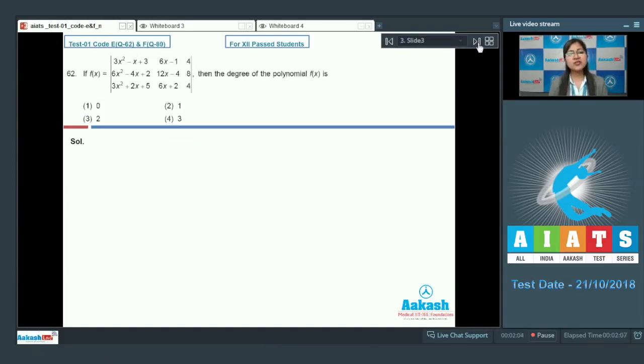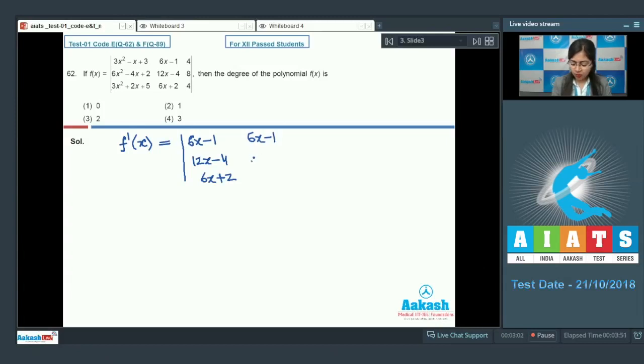Now next is question number 62, where a determinant is given to be equal to f(x), then the degree of the polynomial f(x) is. Here, to find the degree of the polynomial f(x), let us find the value of f dash x. To find f dash x, we will differentiate firstly column 1, which will give us 6x minus 1, 12x minus 4, 6x plus 2.